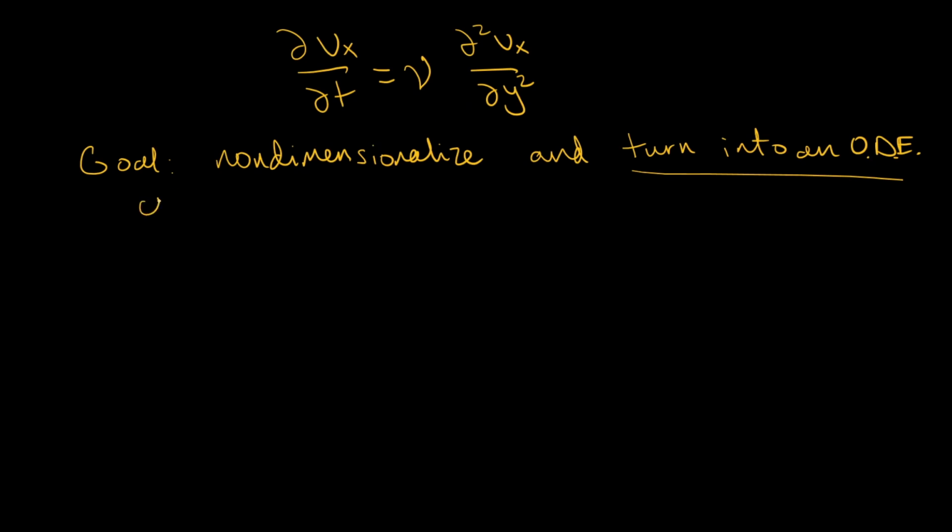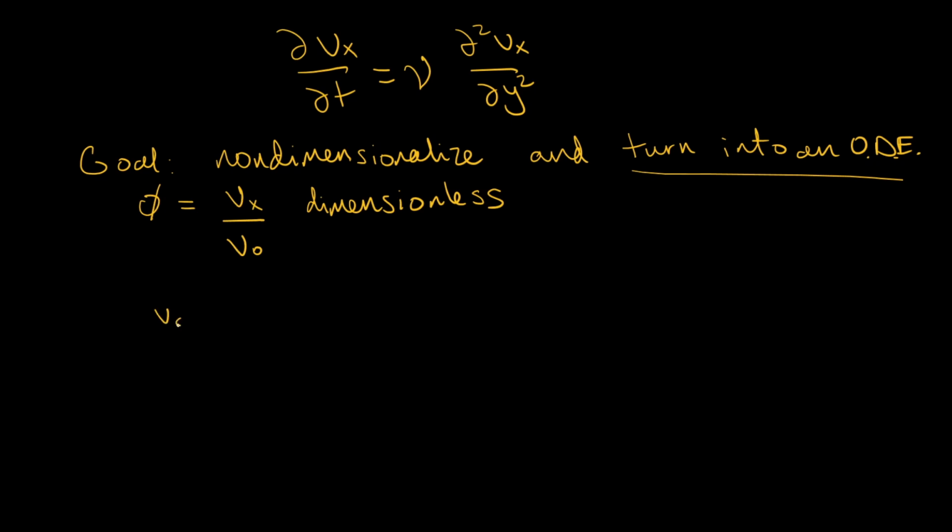So we're going to create a new variable phi, and this variable is going to equal v sub x divided by v sub 0. Note the dimensions here will cancel out, so this is going to be dimensionless. So basically we can solve for v sub x and plug that into our differential equation up here.